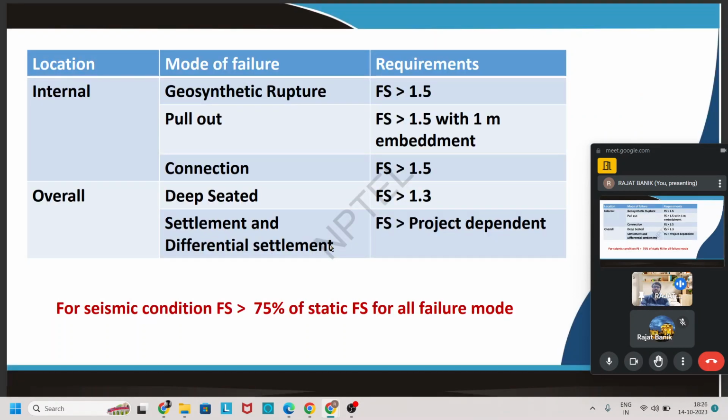For internal rupture of the geosynthetic material, we use a factor of safety greater than 1.5. For pull out, also greater than 1.5. For connection, also 1.5. For the overall failure mode, that is deep seated, the factor of safety is greater than 1.3. For settlement, it should be within the project demand.